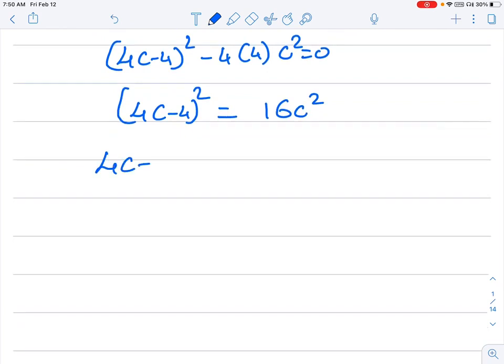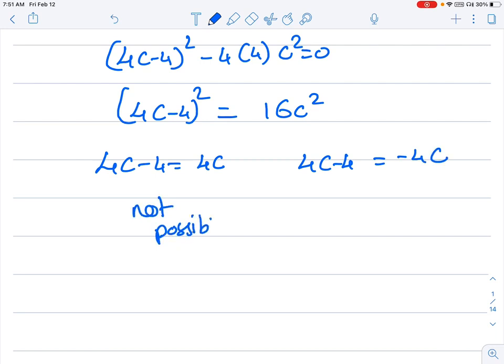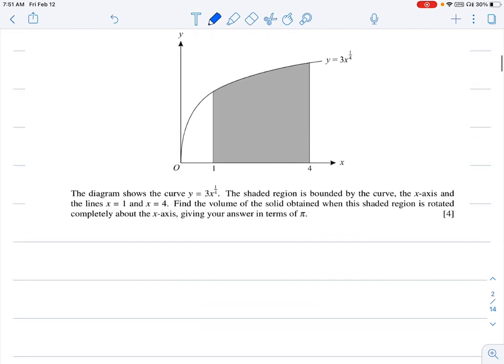Then take the square root, so you get two answers, 4c minus 4 is equal to plus 4c or equal to minus 4c. So this is not possible. So this becomes 8c is equal to 4, c is equal to 4 upon 8, c is equal to 1 upon 2. That is the answer for the first question.